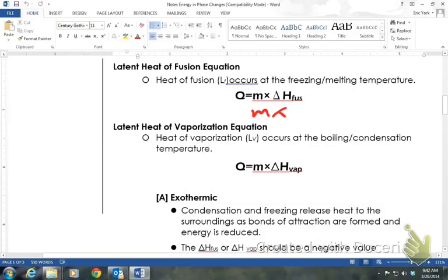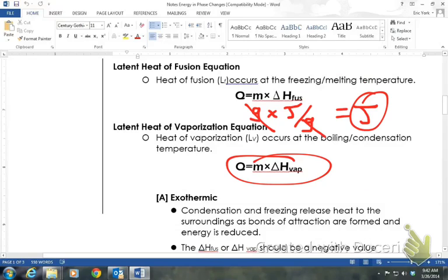So if we're looking at the units, then remember the units for mass are grams. The units for enthalpy of fusion are joules per gram. So when you multiply these two numbers together, the grams cancel off, and we're left with joules. Okay, so that's what happens to our units. Same thing with this equation. Remember, the only difference between these two equations is that the first one is when it's freezing and melting. The second one is when it's boiling and condensing.